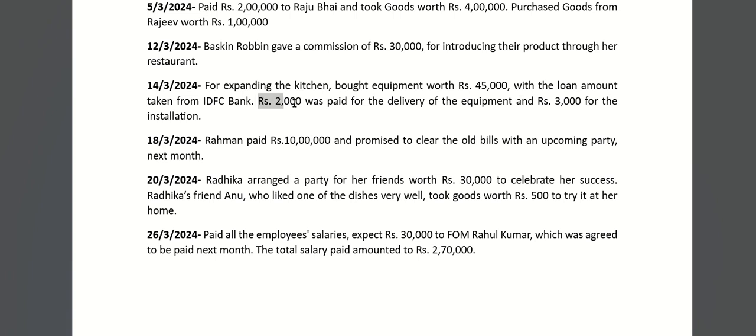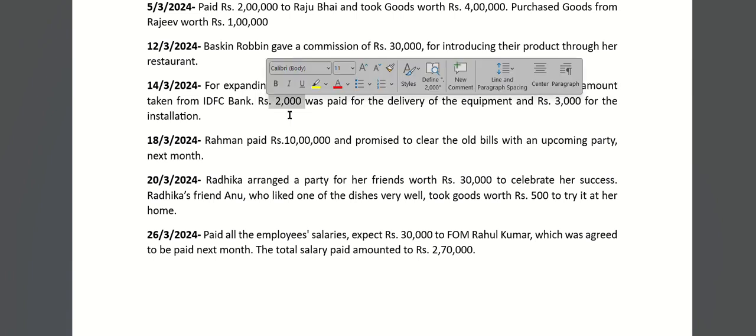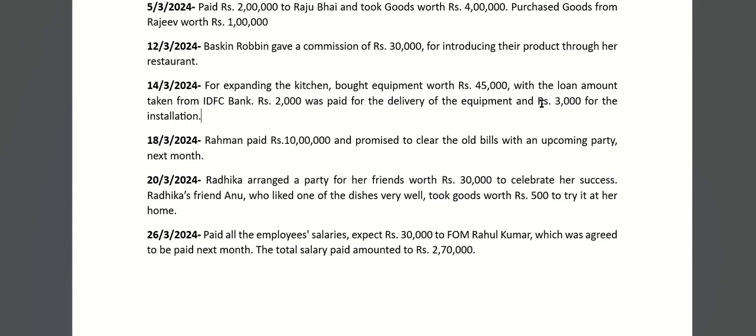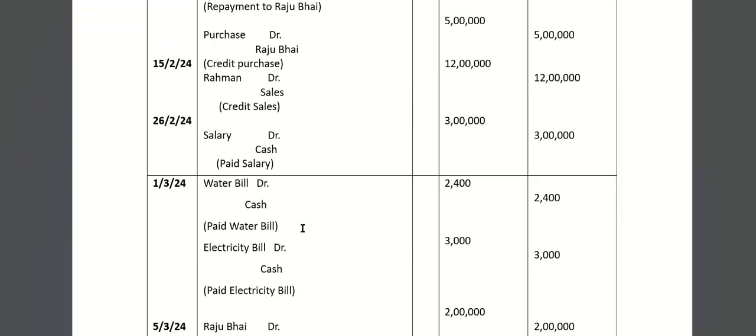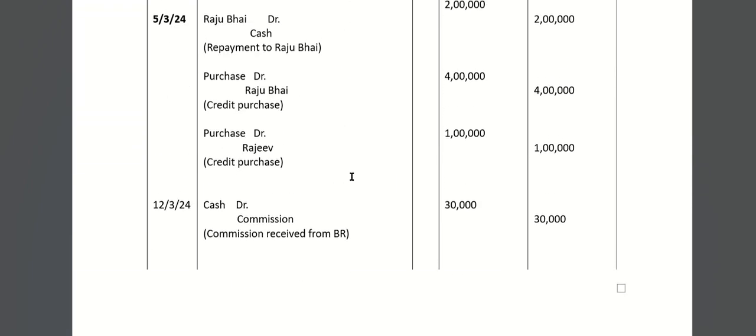And to bring that to our restaurant, we spent 2,000 for delivery charges and rupees 3,000 for installing that equipment in our kitchen. Now, just see how we are going to write the journal entry. 12/3/2024 was the last date, and the current transaction happened on 14/3/2024.